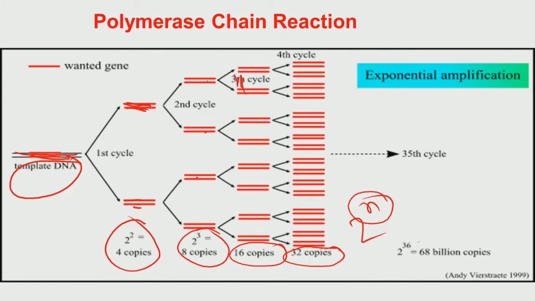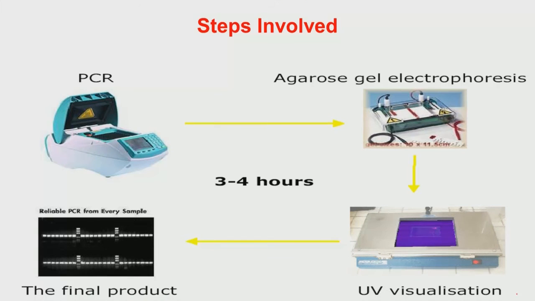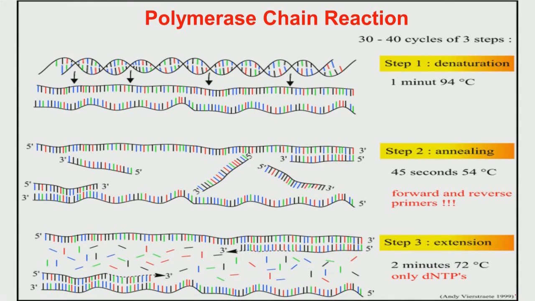If it undergoes, let us say, 36 cycles, or at the end of the 35th cycle, you have such a large number of copies, like 68 billion copies, which is quite good enough to be quantified using this particular technique. So, this is the PCR cycle, what they call the polymerase chain reaction.